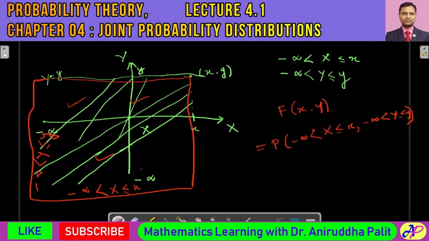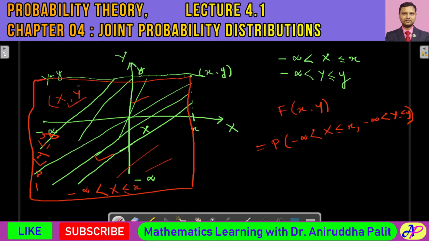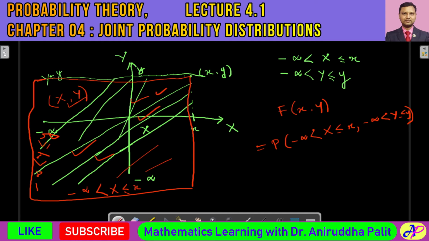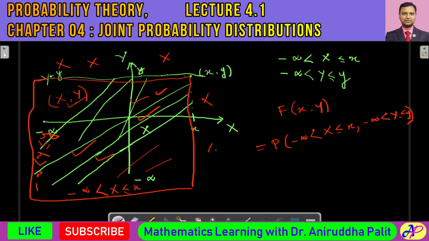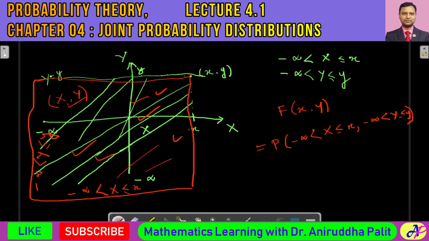So we are actually considering the probability that this two-dimensional random variable capital X comma capital Y will lie within this zone. It would not lie outside this zone. This is the outside region. All right. So it would not lie outside this region. This is the region of interest.